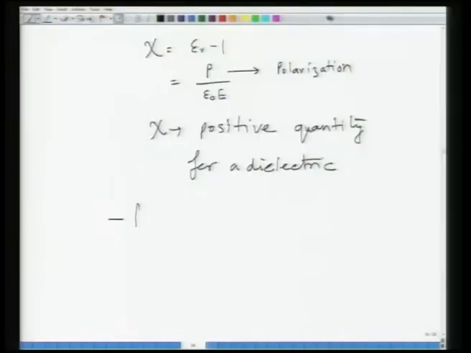The key parameters important to understand the dielectric behavior of a material are what happens when you apply a field. Most of the materials are used in an AC field, so what will be the effect of the frequency of the applied field?